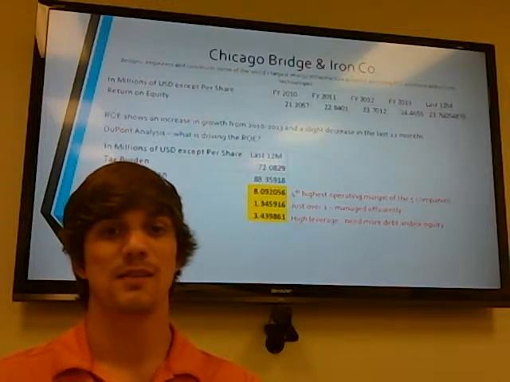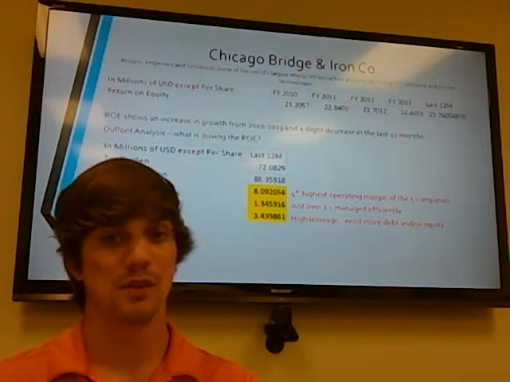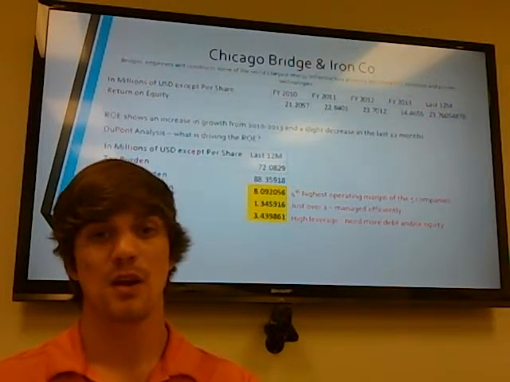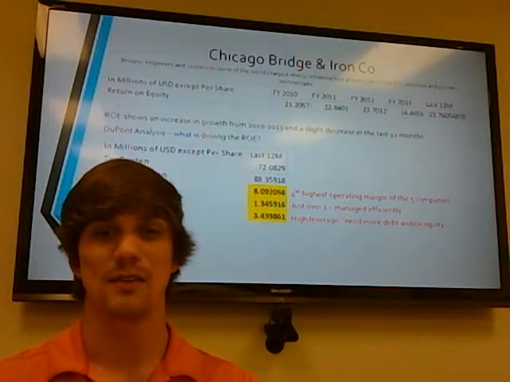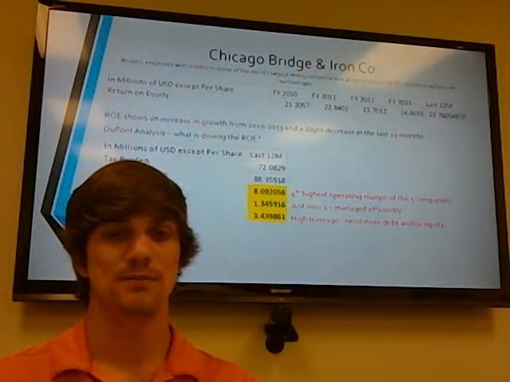They were the 4th highest operating margin of the top 5 companies. Their asset turnover looks good, though. They look like they're managing their assets efficiently. Their debt, their leverage, is pretty high. So I think they could lower their leverage and possibly help themselves out.